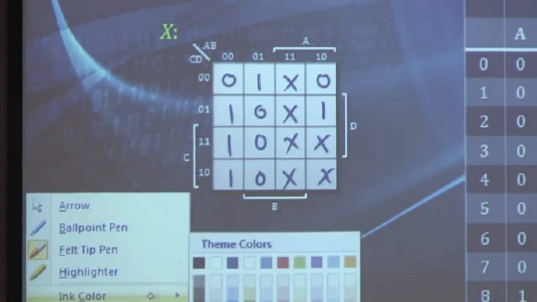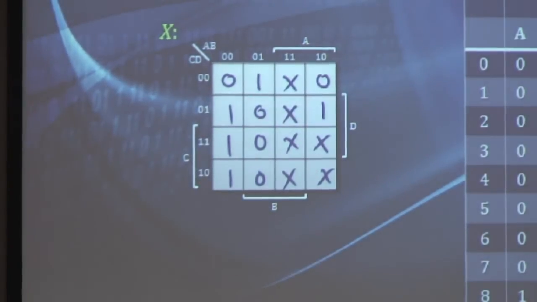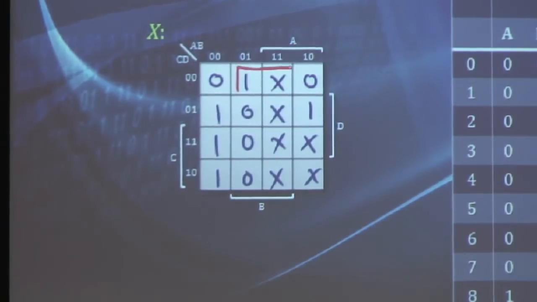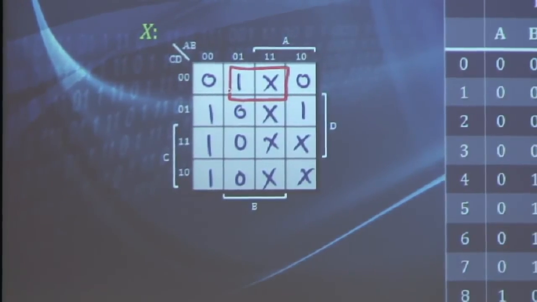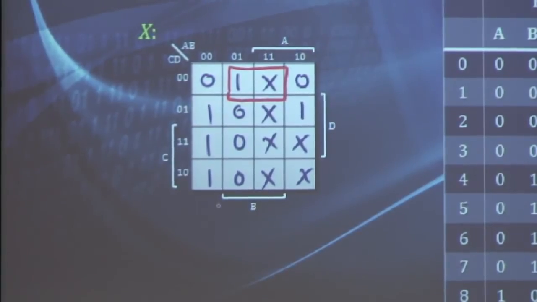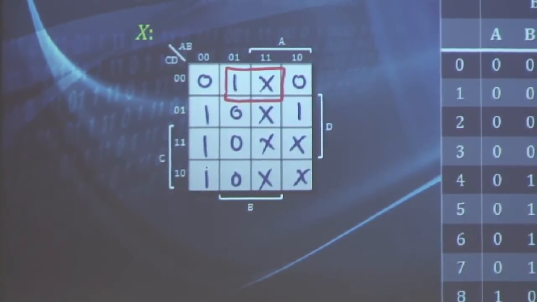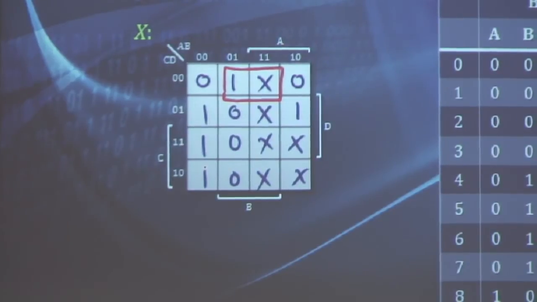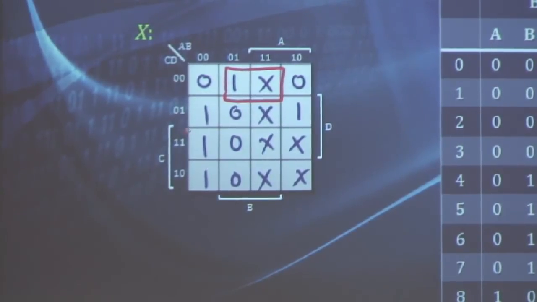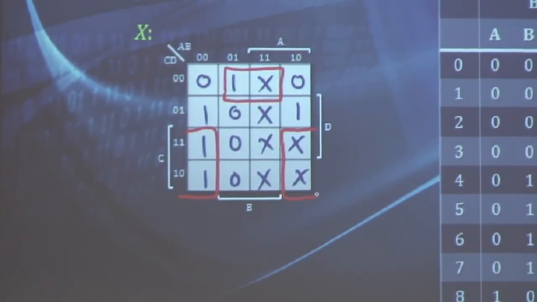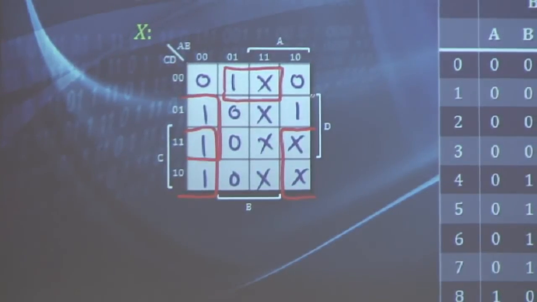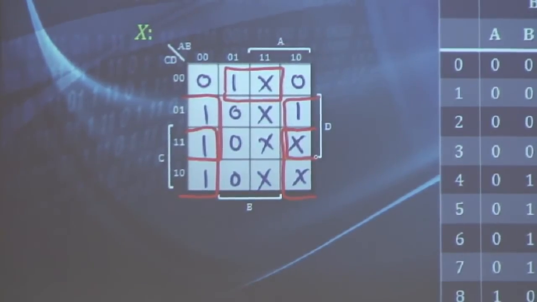Now, let's come up with the optimization for this one. I can circle this one here. And then again, I've got the problem of 3 ones next to each other. I can't group them together, but I could group 2 of them and wrap them around with the don't cares on the other side. Similarly, I will do this one. And then I've got all the ones covered.